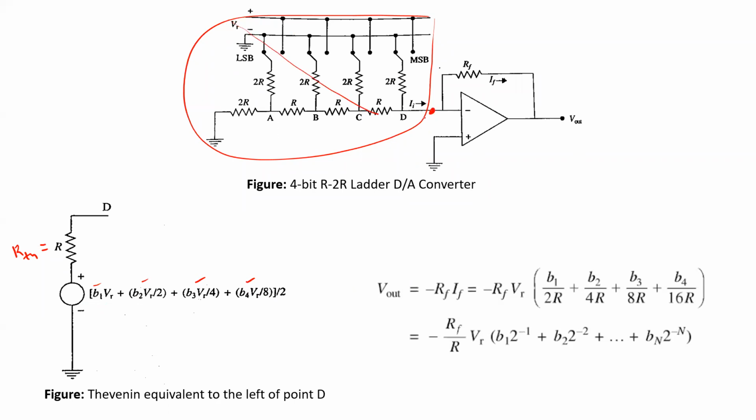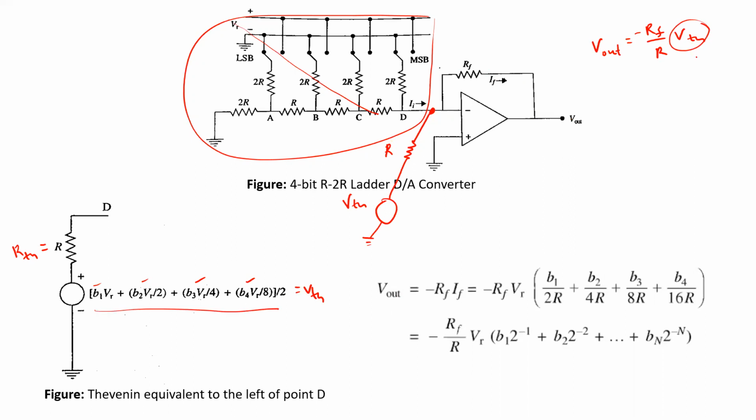So at node D, we now have a resistor R and a voltage source, suppose VTH. Let me write it as VTH. So this is nothing but an inverting amplifier, you can say. So the output voltage would be minus RF by R into VTH, and the value of VTH is actually written over here.